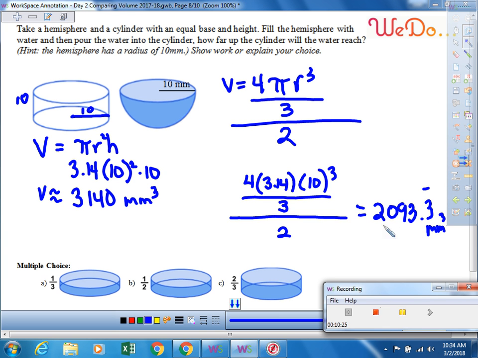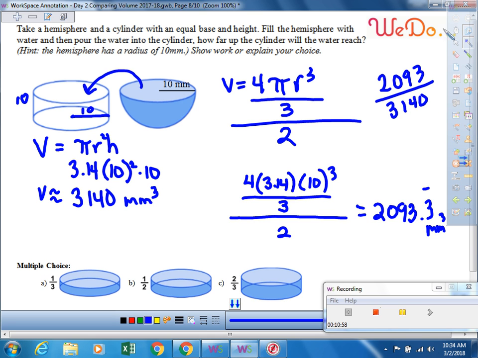So, if you poured this volume of water into the cylinder from this hemisphere, did you get a third, a half, or 2/3? What do you think, Brent? 1/3? So, 2093 divided by 3140, about.